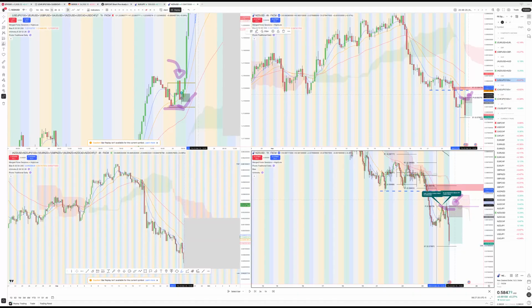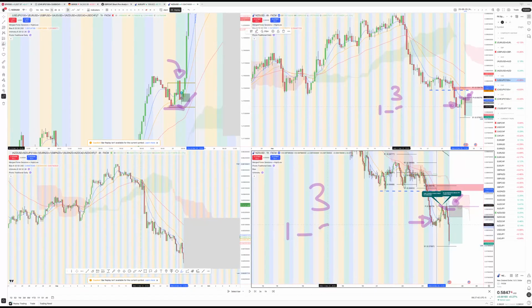So what I learned from this particular setup was that there are three classifications of a continuation absorption. The smallest level is this, which is a 1 day cycle. And then you have the 2 day cycle, which is what I'm now starting to see.